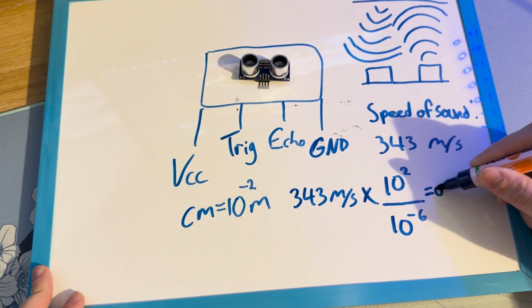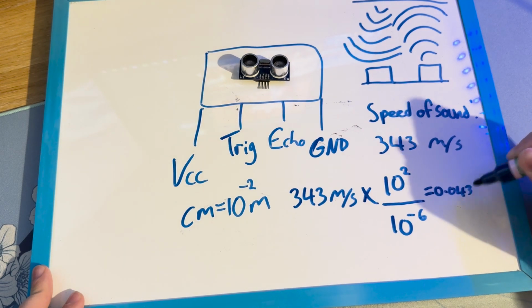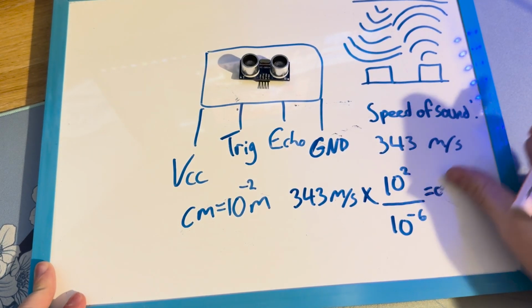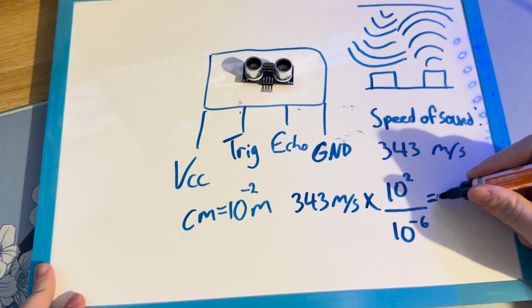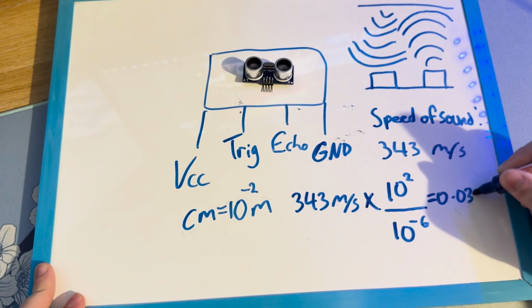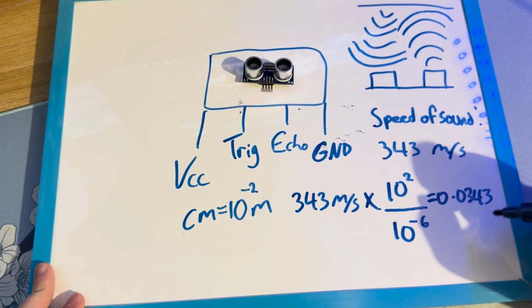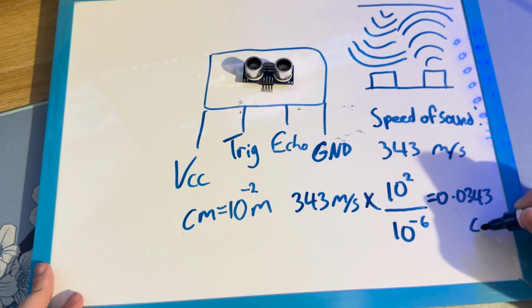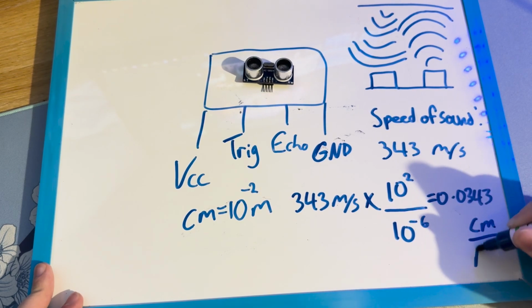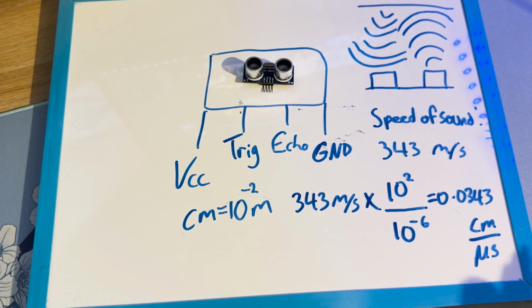Then we should end up with a value of 0.0343. I've run out of space, so I'll write the units here: centimeters per microsecond. That's the basic math we will use to calculate the distance.